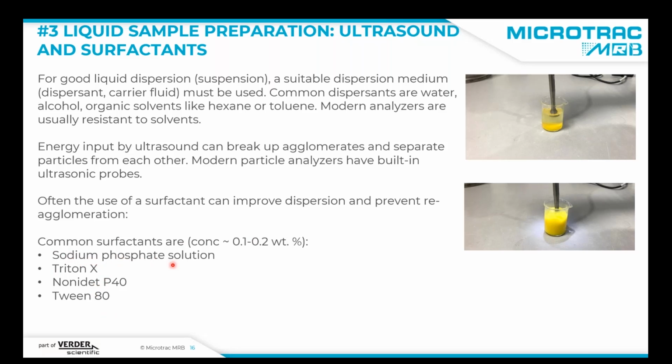Sodium phosphate solution is very often used for silicates, for oxides, ceramic samples. Also here, Triton X, Nonidet, Tween 80. These are surfactants that are sometimes used. Sometimes you have to be careful with these surfactants because chemically they act like dishwasher soap, so they reduce the surface tension, but they also like to form bubbles, and if you have bubbles in your suspension, they will be measured as particles.